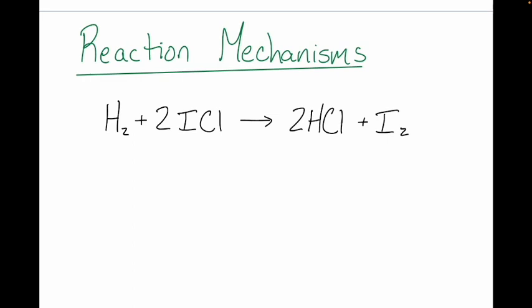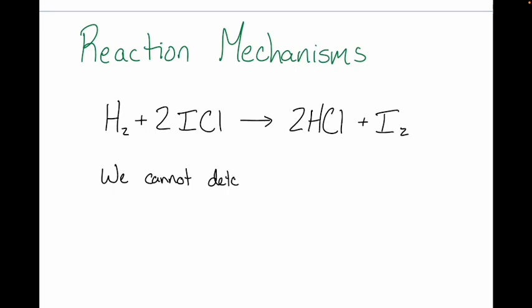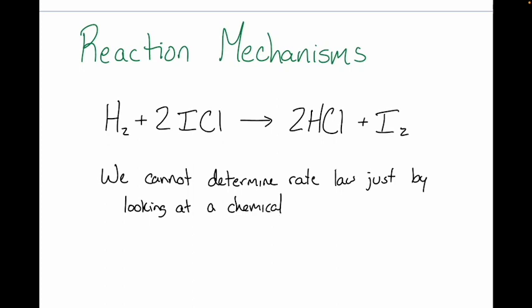All right, so bottom line is just by looking at a chemical equation, we don't know what the rate law is for that reaction. So we cannot determine a rate law just by looking at a chemical equation. We spent like a full class period on how we do it last week, right?